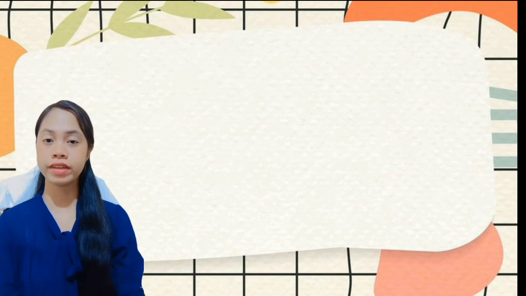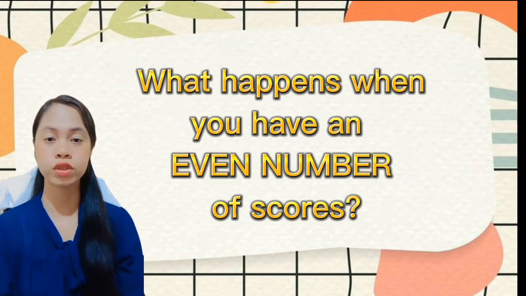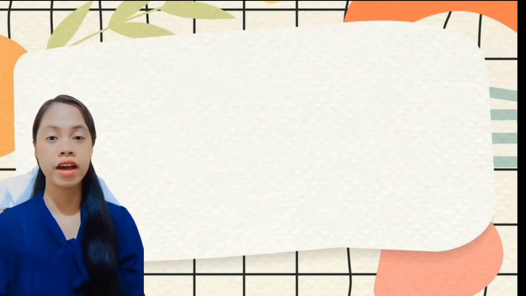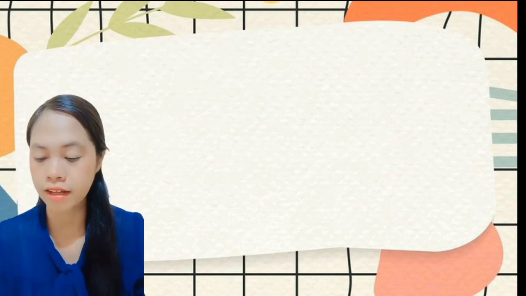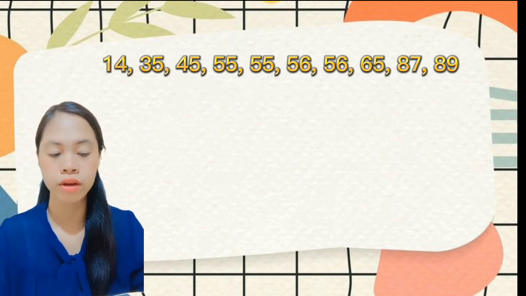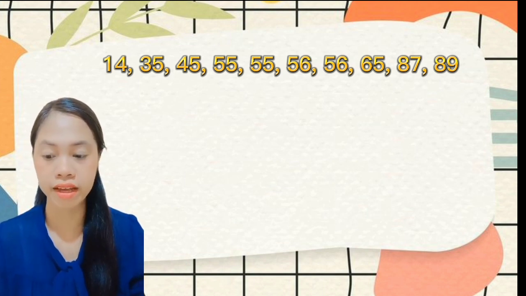But what happens when you have an even number of scores? Let us still use the data above, which is the 11 numbers. But now, let us scratch out the 92 to make it 10 numbers.